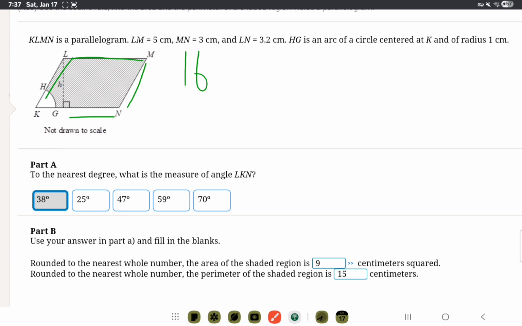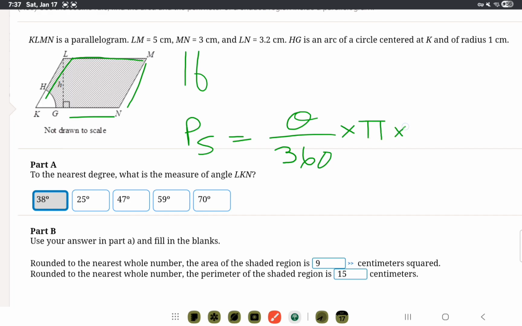Now the perimeter of the sector is theta over 360 times, if they want area, pi r squared; if they want perimeter, 2 pi r.